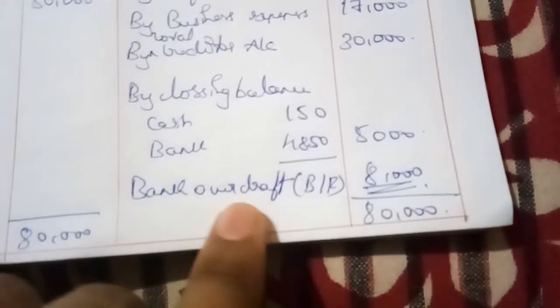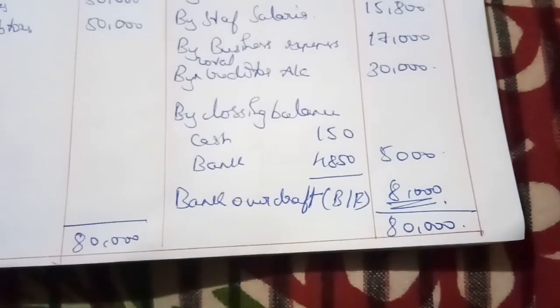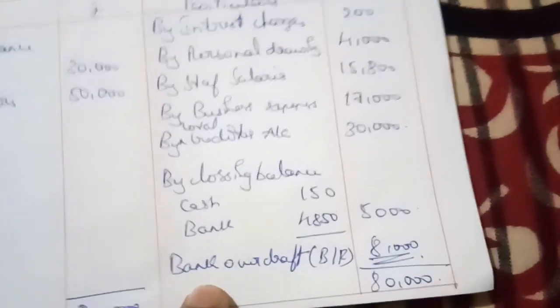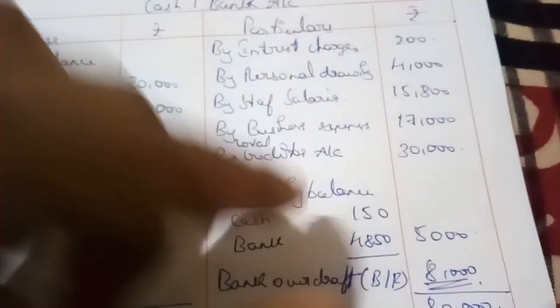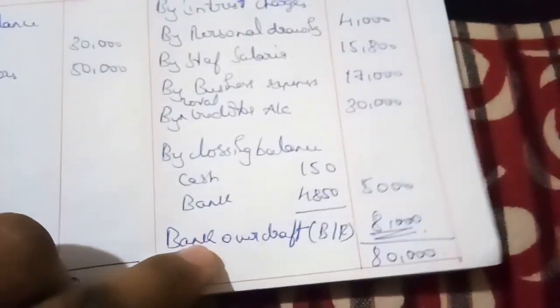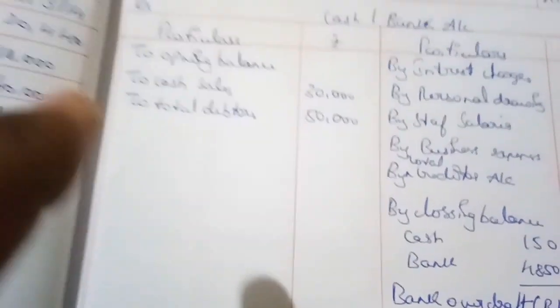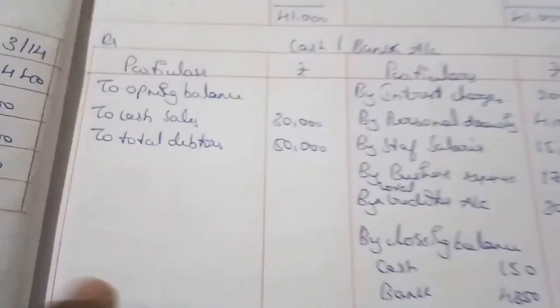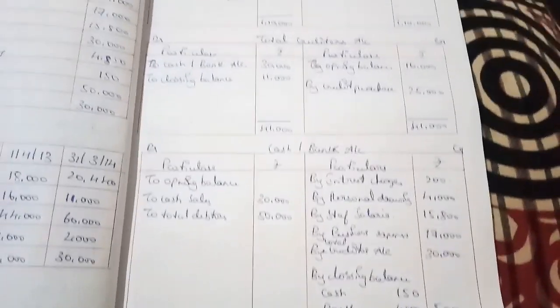Guys, see, this is the main point. If you are not getting the balancing amount here, then it is bank overdraft, and if they have given both opening and closing, then here also it will come as bank overdraft only. So this is how we are learning here.